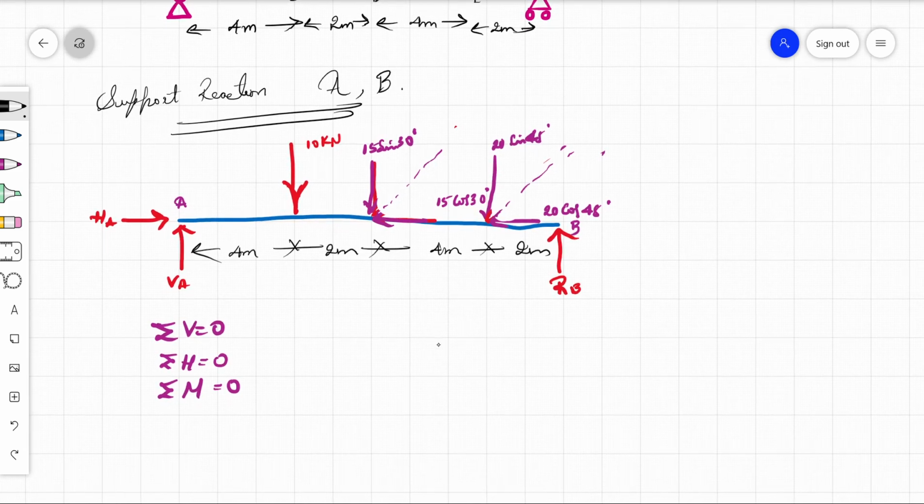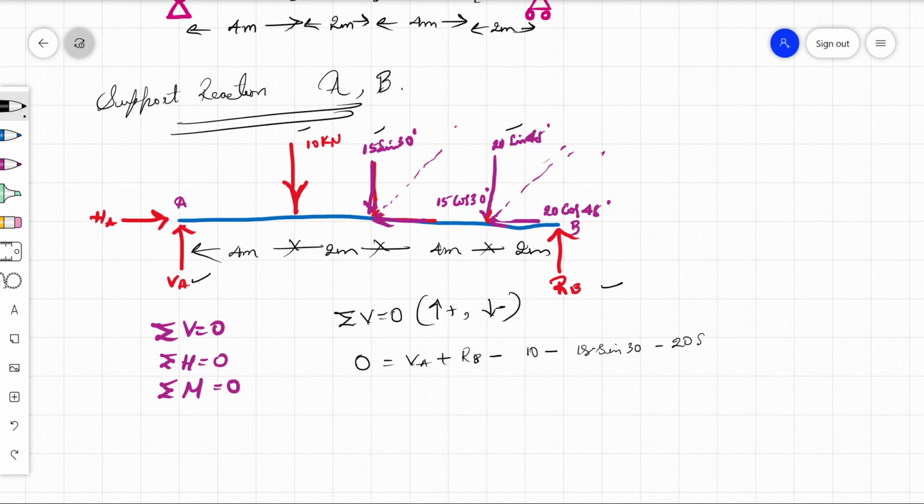First, let me take summation of all vertical forces is equal to 0. As in the last class, I have assumed all upward forces as positive and downward as negative. What vertical forces are there? VA, RB, 10, 15 sin 30, 20 sin 45. So I'll take VA as positive, RB as positive, negative 10, negative 15 sin 30, negative 20 sin 45 degree, equal to 0.